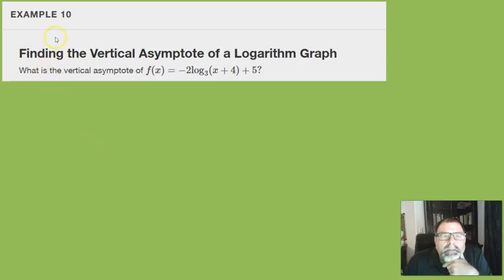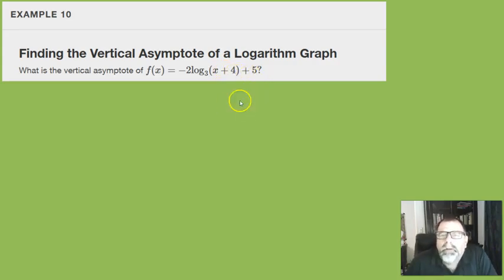Okay, example 10, finding the vertical asymptote of a logarithmic graph. What is the vertical asymptote of f of x equals negative 2 log base 3 of the quantity x plus 4, and then we got the plus 5.